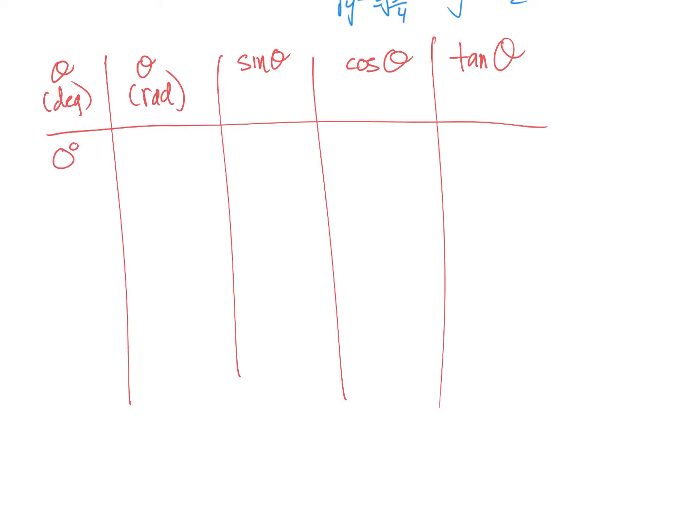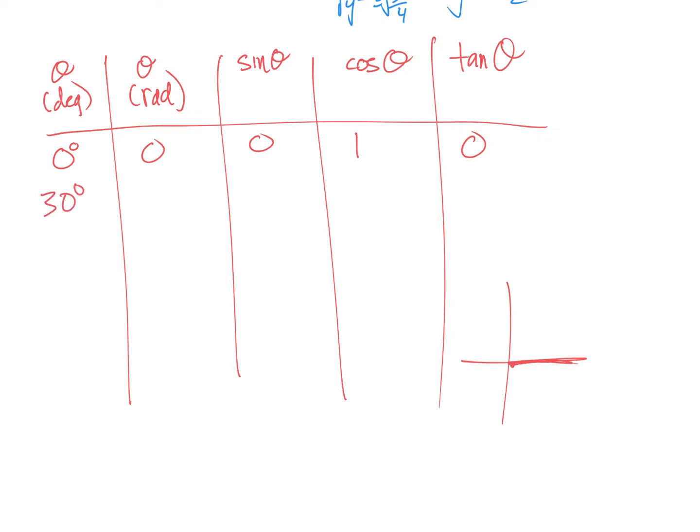And we'll start off with 0 degrees or 0 radians. And so for this one, just like with the unit circle, 0, 1, 0, we have sine, which is opposite. So how far up are we going? Well, if we're straight, we have no angle. We're right here, we have no height.